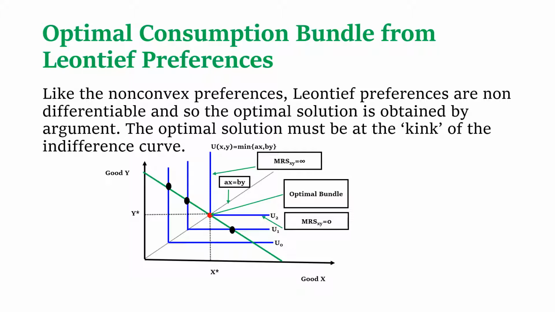So as you can see here, U(X,Y) is just the min of (aX, bY). So it looks at what? The least amount of these two. Right? So that's why we have the min here. That's why they call it min. Okay.